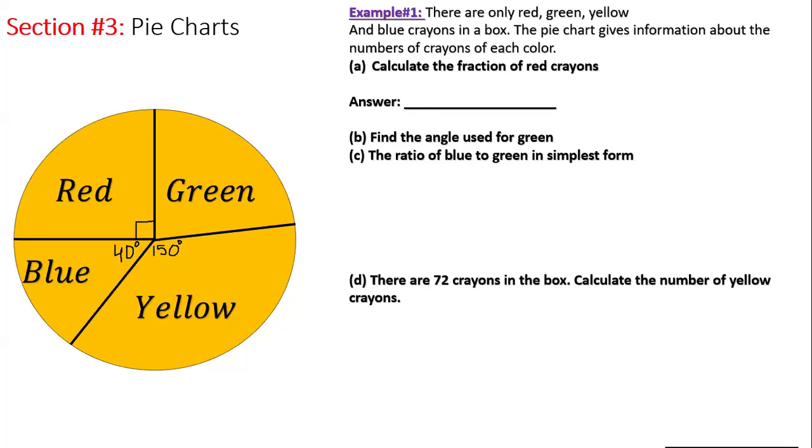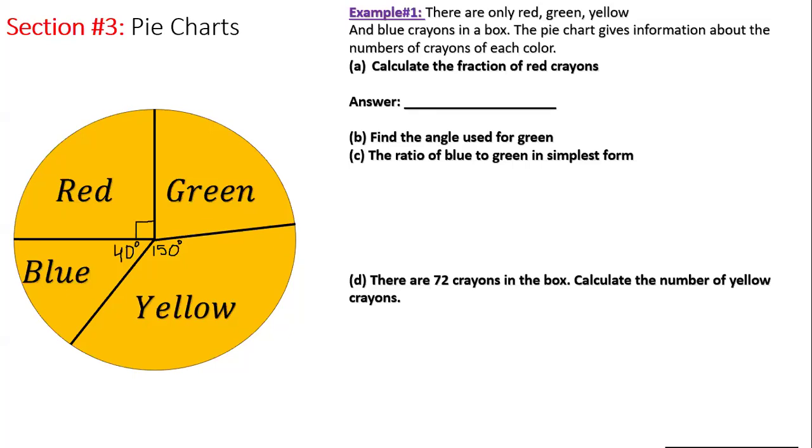Yes, sir. Can you read this question for me? Example 1. There are only red, green, yellow, and blue crayons in the box. The pie chart gives information about the numbers of crayons of each color. A. Calculate the fraction of red crayons.